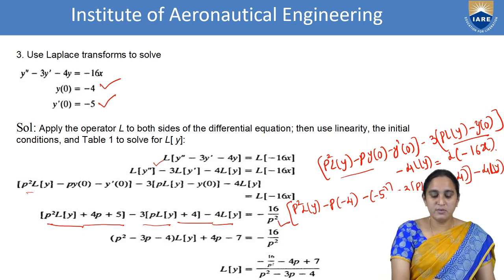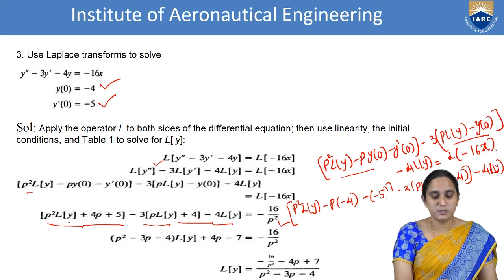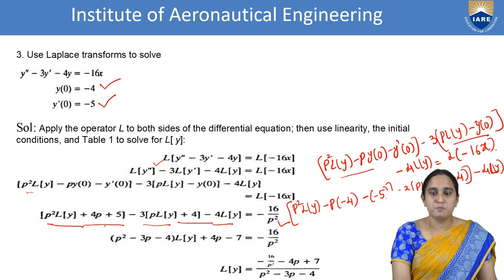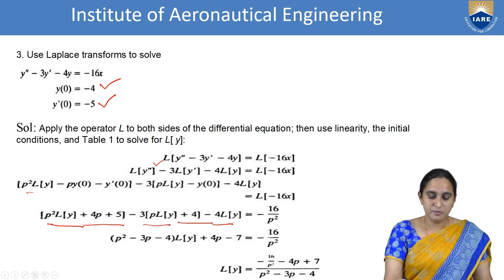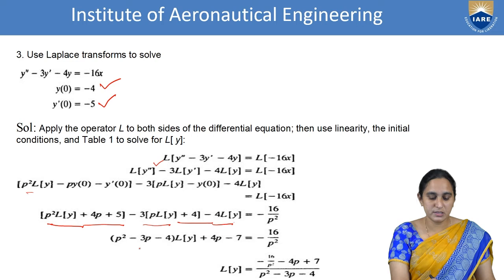Now the given equation reduces like this: p square L of y plus 4p plus 5, minus 3 into p of L of y plus 4, minus 4 into L of y is equal to minus 16 by p square. Next, after substituting all the values, what is common here?